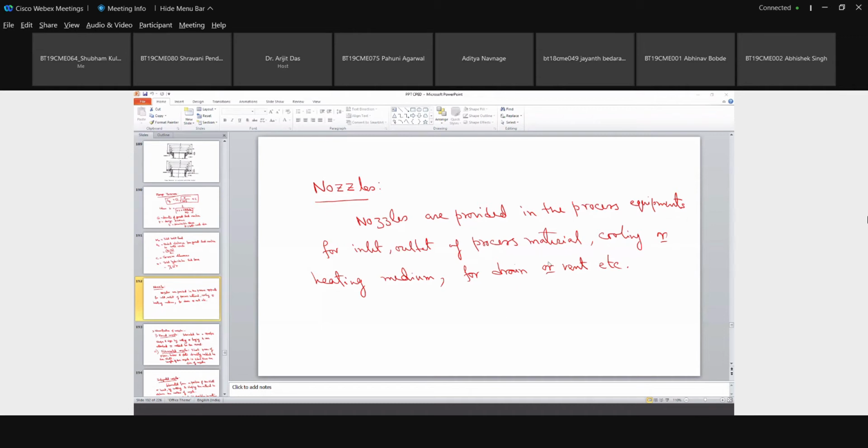It is already written, so I need not repeat. So let us explain now the nozzles. Now we have discussed the flanges. They are mainly used for joining two parts of a pipe, or to attach the heads with the shell, or to attach the different parts of an equipment.